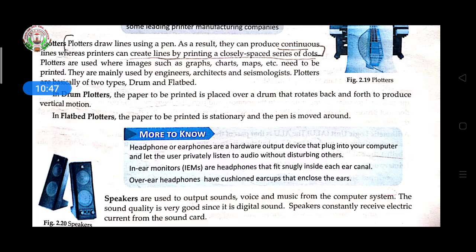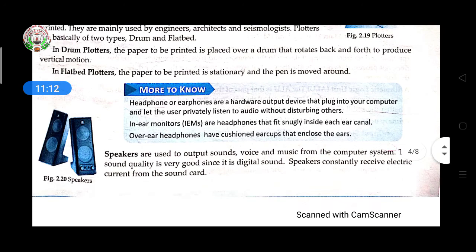This is the way a drum plotter is used. And a flatbed plotter means the paper is stationary and the pen is moved around.